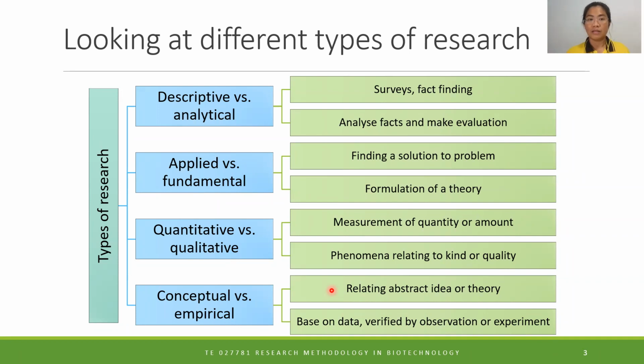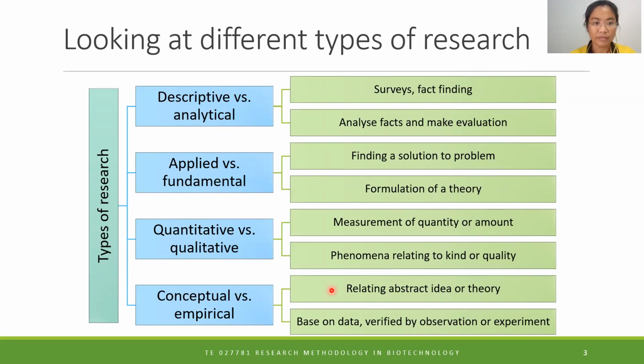Okay. The point is, what is the good thing or the bad thing about knowing what type of research you are going to do? If you know what type of research you are doing, at least you know what could be involved. If your research is analytical, you know that you are not going out doing a survey, but you have to find the data, the facts, and evaluate based on whatever you have.